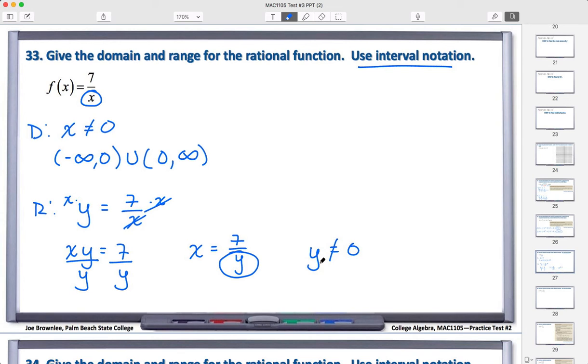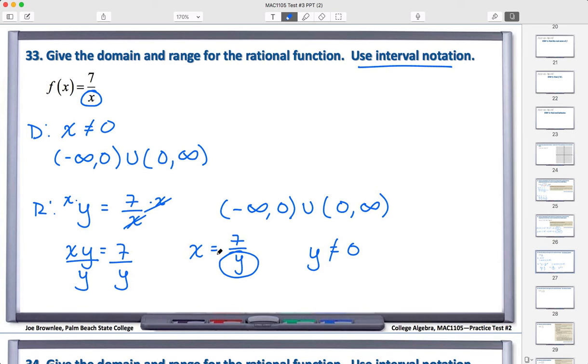All right, so how would we write that in interval notation? Well, just like we did with the domain, we're saying that the range, the y values, can be anything from negative infinity to 0, but not including 0, union, and then from 0 out to infinity. So again, to find range, in this case, all we did is we solved for x in the given equation, and then we asked a similar question.